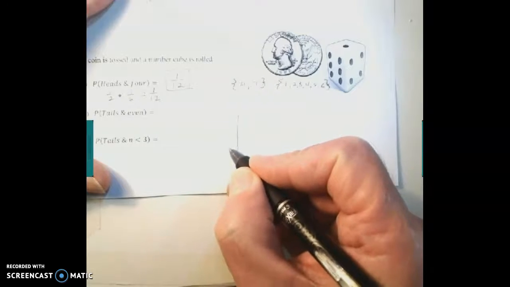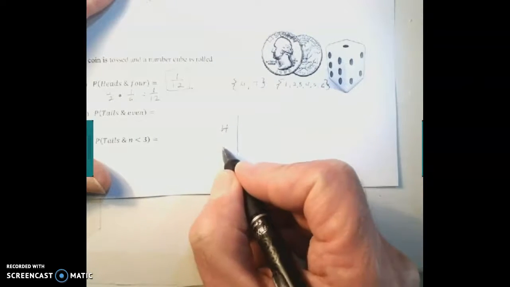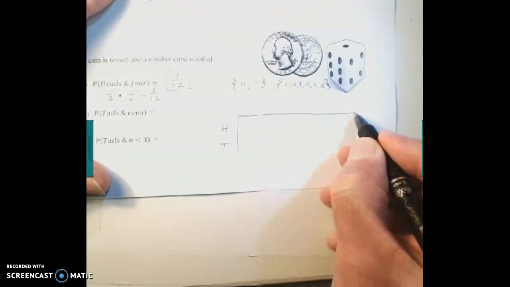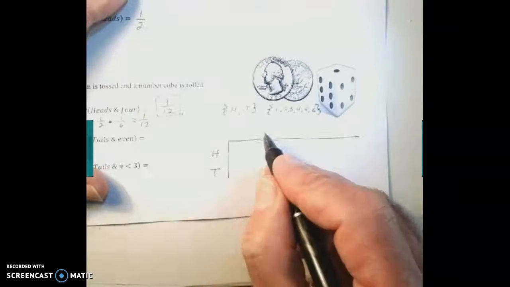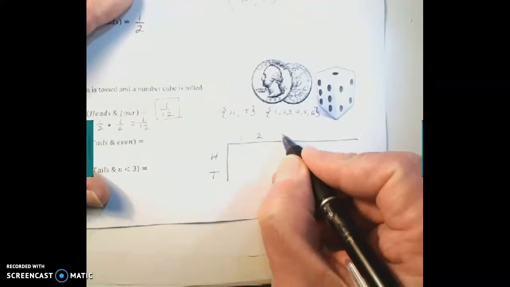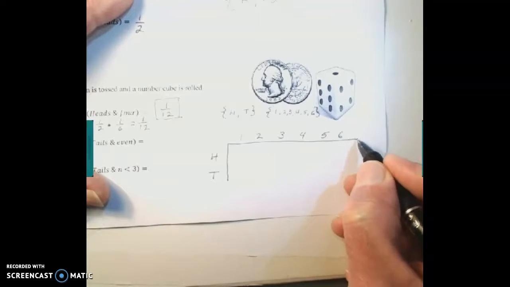Along one side, list the outcomes you would have when you flip a coin. You could either get heads or tails. Along the other side of your square, list the outcomes you would get when you roll your dice. You could get a 1, a 2, a 3, a 4, a 5, or a 6.